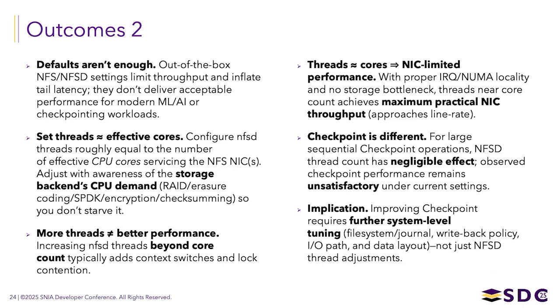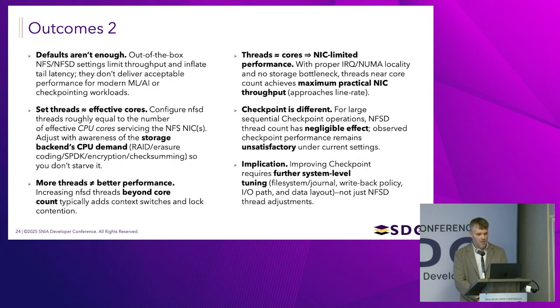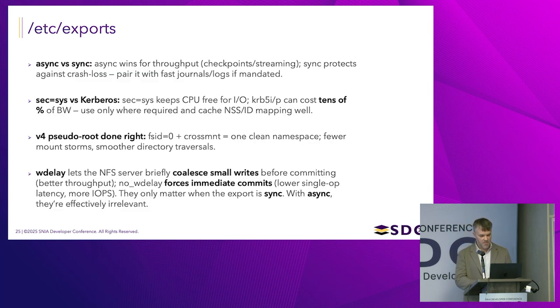So, some outcomes: defaults are not enough, and one of my recommendations is to set the number of NFS threads equal to the number of effective CPU cores. Sometimes you need to use less, so take a look at your system load, but these are general recommendations. There are also different parameters in the NFS configuration file, and I described them in the appendix to the slide deck.